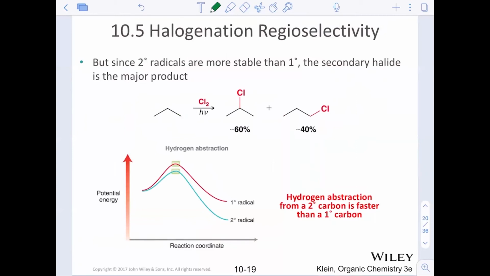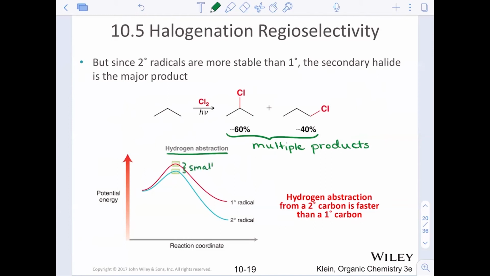Even though secondary radicals are more stable than primary, we see chlorination making multiple products. Not quite racemic mixtures, not 50-50, but definitely major versus minor, and getting multiple different constitutional isomers. And that big overarching reason is because in the rate determining step, the hydrogen abstraction, the transition state difference is very, very small.